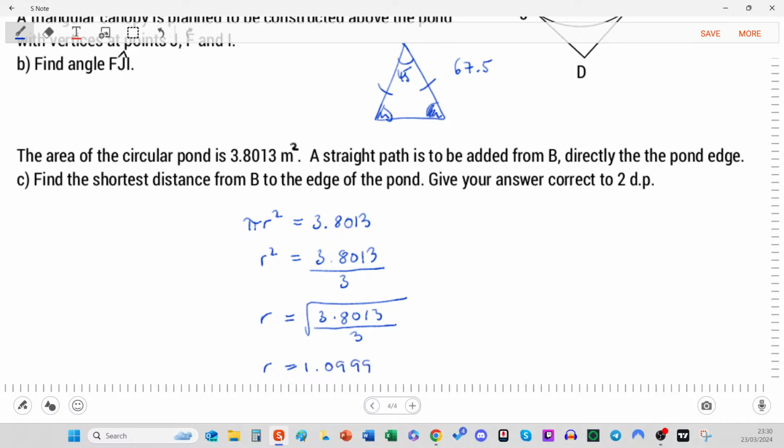And I always recommend writing as many decimal places as you can manage, because otherwise you'll have to type that in a calculator again to get the full accuracy.